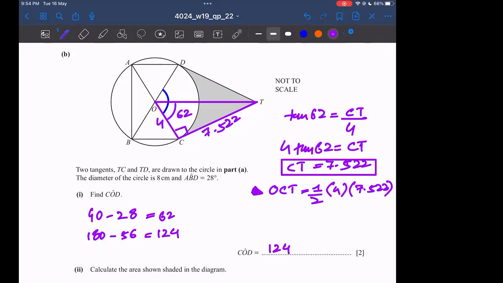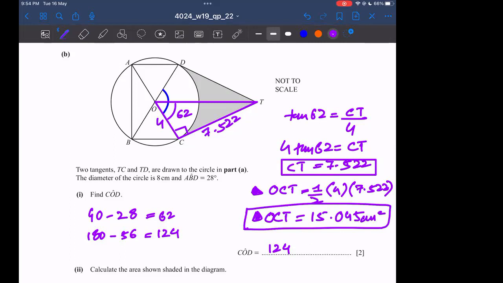That is 15.045. This is the area of OCD. Now the total area of this shape is going to be 15.045 multiplied by 2, which is 30.09.